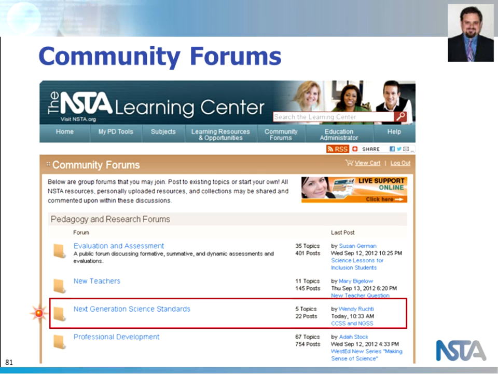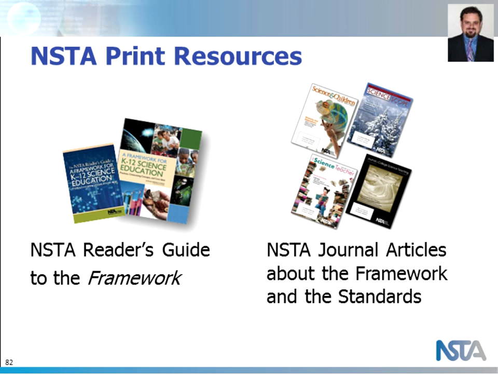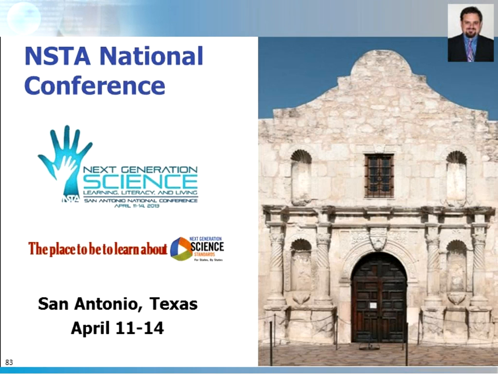It'll be a great place for folks to continue that conversation as they go along. We've talked about the framework, which you can get from the NSTA bookstore, and you can look at the NSTA Reader's Guide to the framework as a helpful tag along to help you interpret and understand the framework. We also have a number of articles about the standards, the framework, practices, and crosscutting concepts in our journals that I would recommend to you.